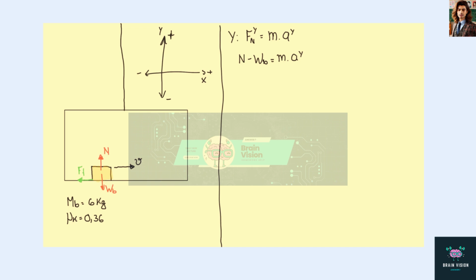Now, note the following. We can calculate the normal force as the mass of the box times the vertical acceleration of the box plus the weight of the box.